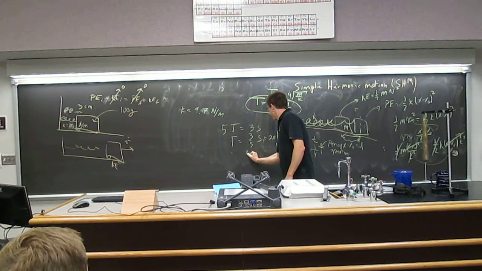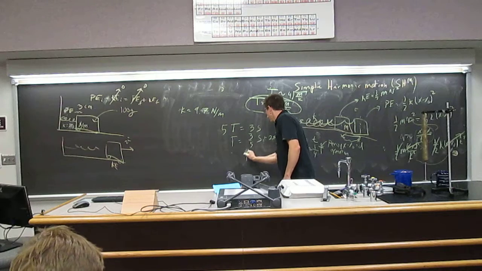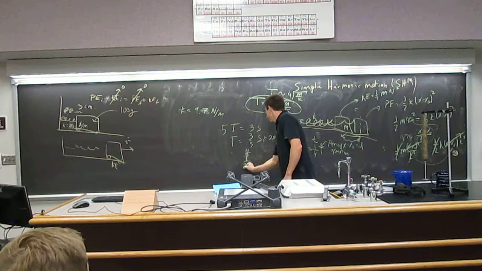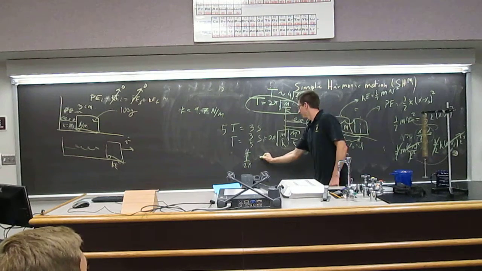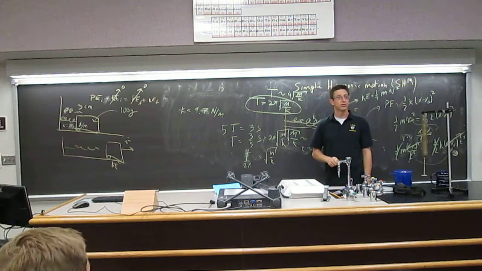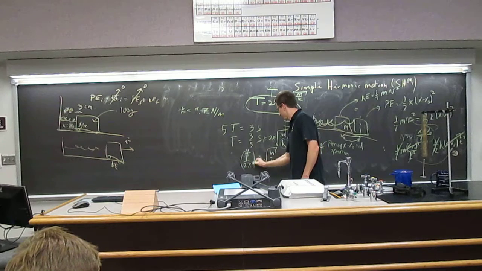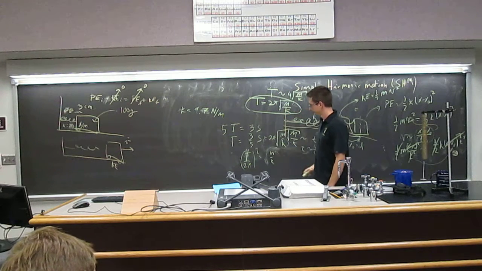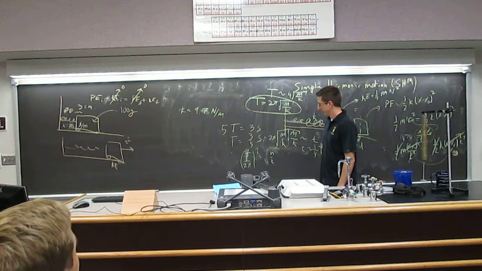So T divided by 2 pi is the square root of m over k. Square both sides. Divide by m.